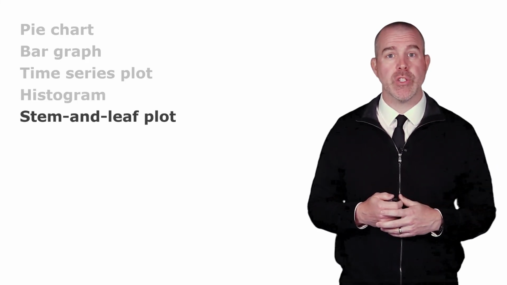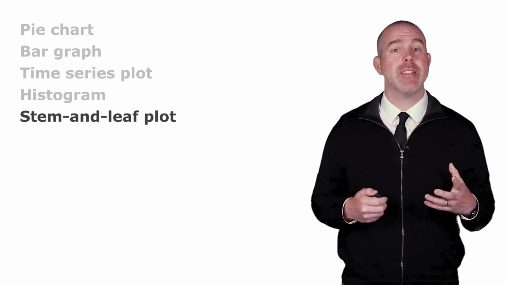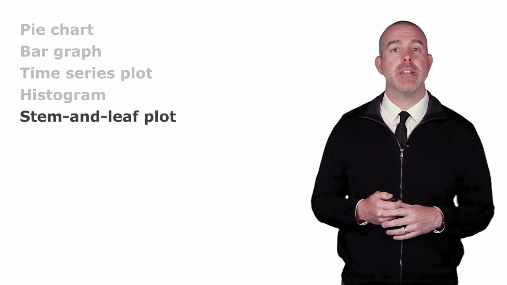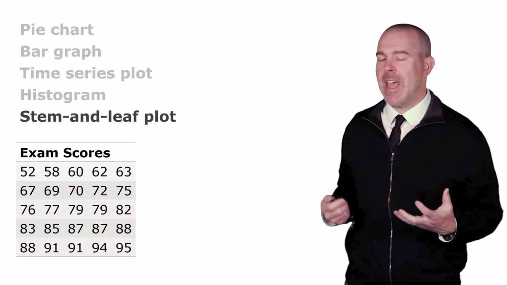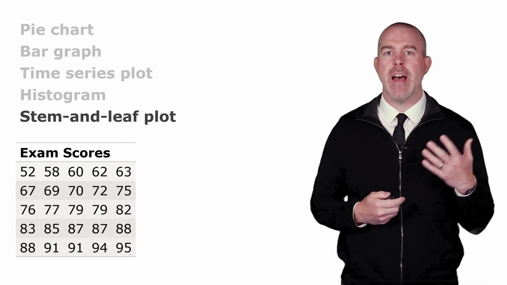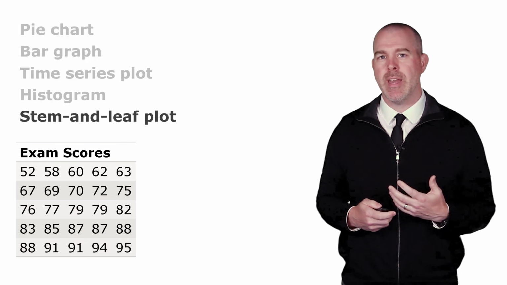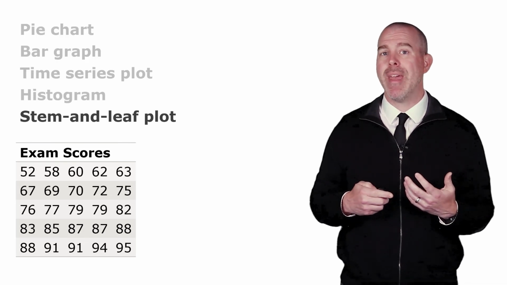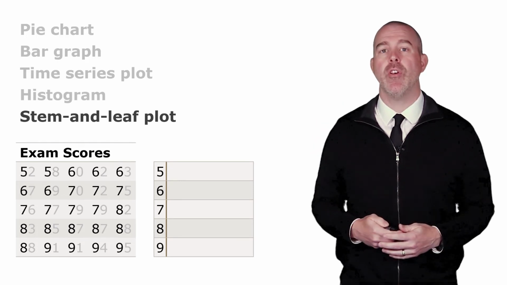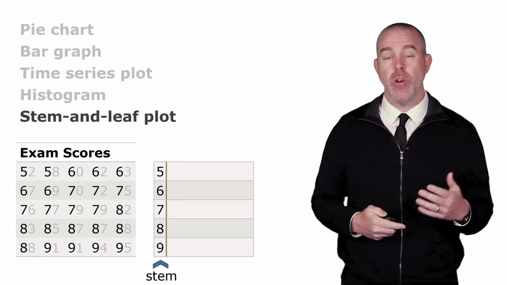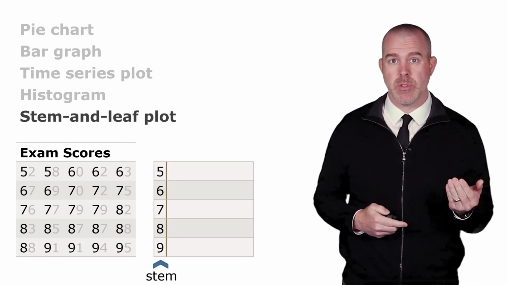The last graph we're going to talk about is a stem and leaf plot. This is less common, but it's worth talking about. It does pop up once in a while. So I have some fictitious exam score data in front of you here. I've got scores from 52 up to 95. What we're going to do is pick out all the first digits and just put a column of those first digits. Those are going to be our stems.